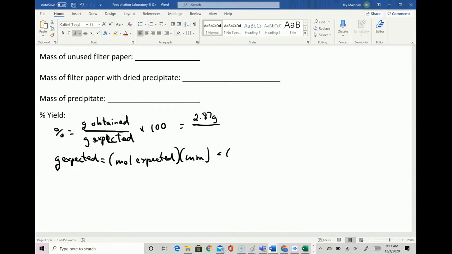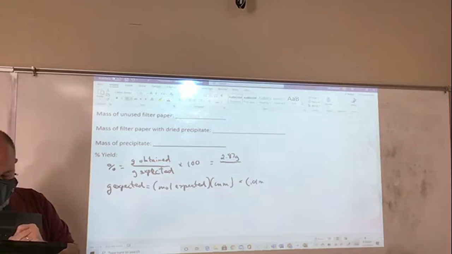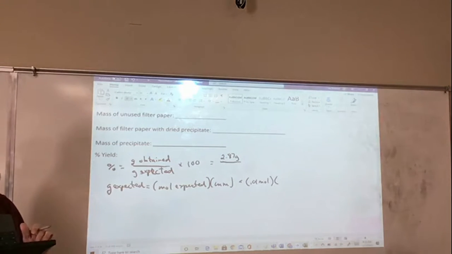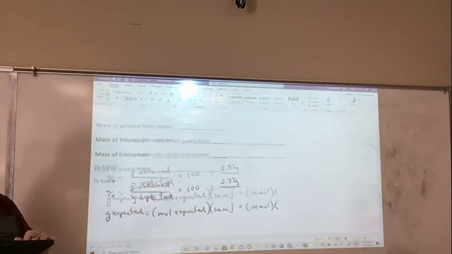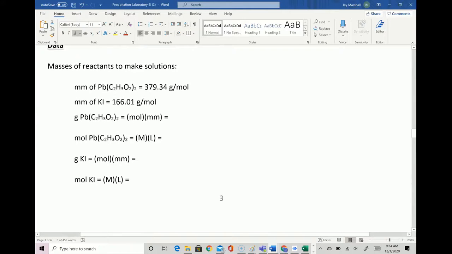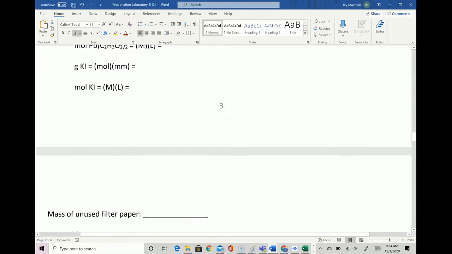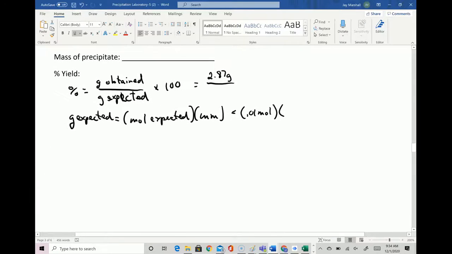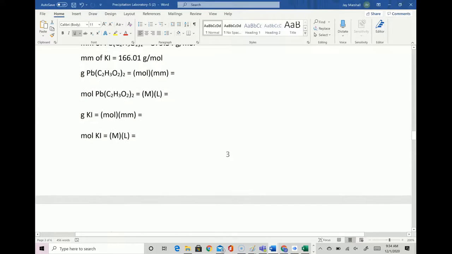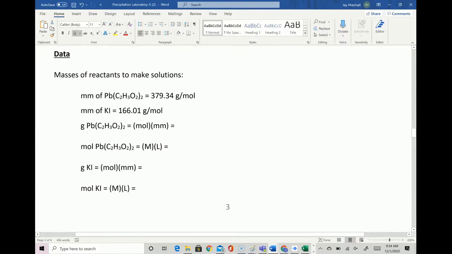That's 0.01 moles. And I also gave you the molar mass. Oh, I didn't give you the molar mass of potassium iodide, did I? You did. Oh, I did of potassium iodide, but not of lead iodide. You did both. It's 379.24. Oh yeah, because that's how we calculated that.